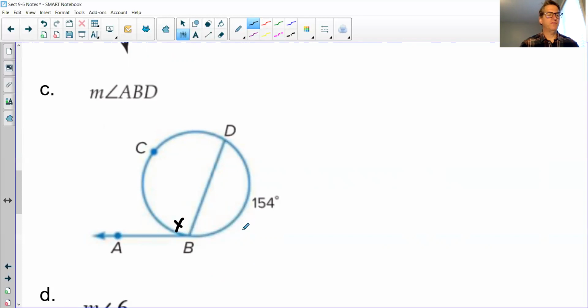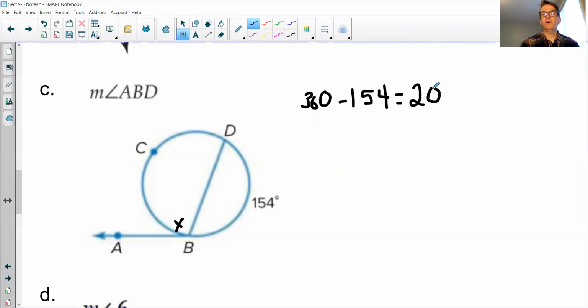And if this is 154, we're first going to take 360 and subtract 154, which is 206.